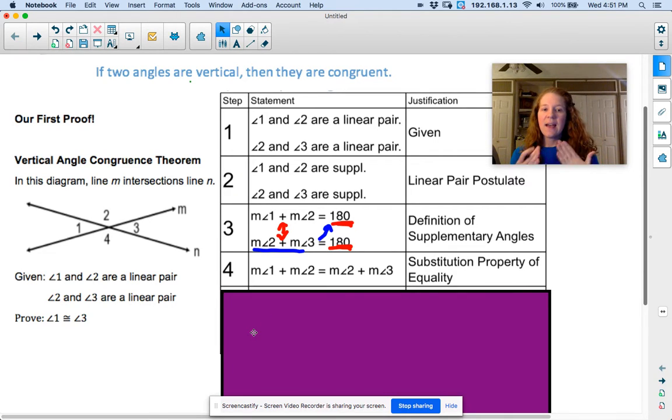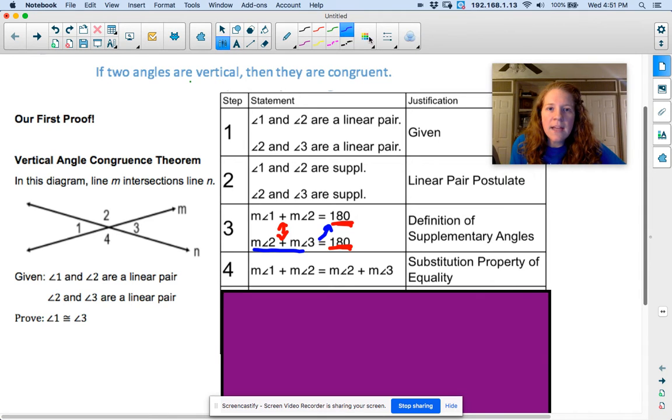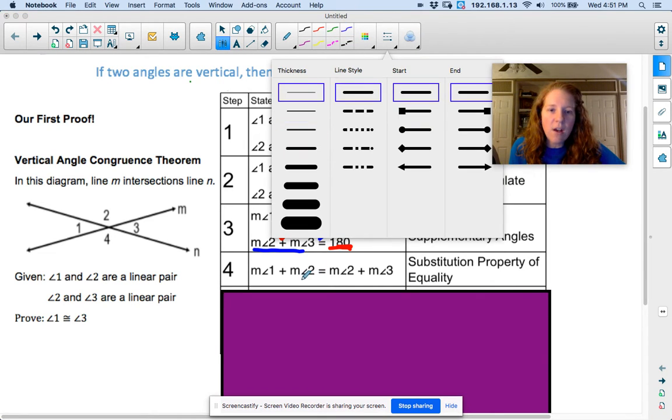Now, I'm excited because I've got an equal sign, which I knew I needed, and I've got angle 1 and angle 3 in the same equation. I just got to get rid of those pesky 2's. Well, luckily, I've got measure of angle 2 on both sides. This is just solving an equation. I am going to imagine myself subtracting it off.